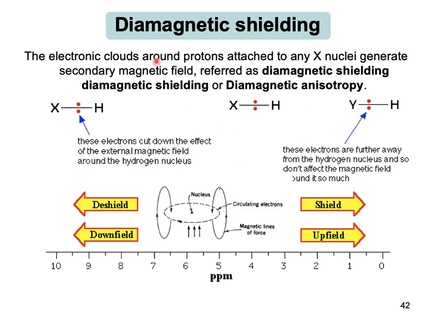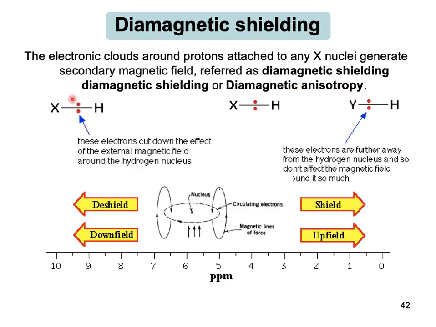So what is diamagnetic shielding? The electronic clouds around the proton attached to any X nuclei, means any chloride, bromide, iodide, or oxygen, or any carbonyl group, right? It generates the secondary magnetic field, which is referred to as diamagnetic shielding or diamagnetic anisotropy, right?